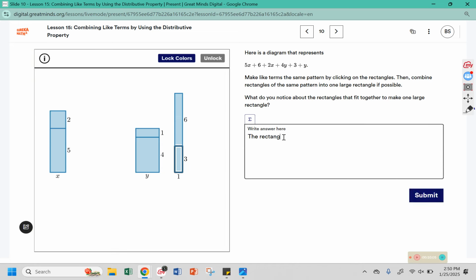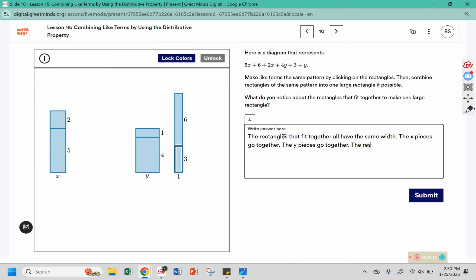So the rectangles that fit together all have the same width. The x pieces go together. Y pieces go together.